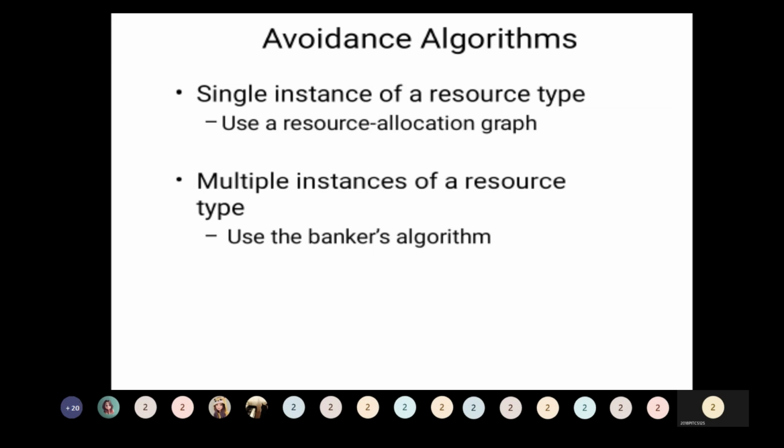Avoidance algorithms: we will see how they work. For a single instance of a resource type, we use a resource allocation graph to ensure that there is no deadlock. If there are multiple instances of a resource type, then we use the Banker's algorithm to avoid deadlock.